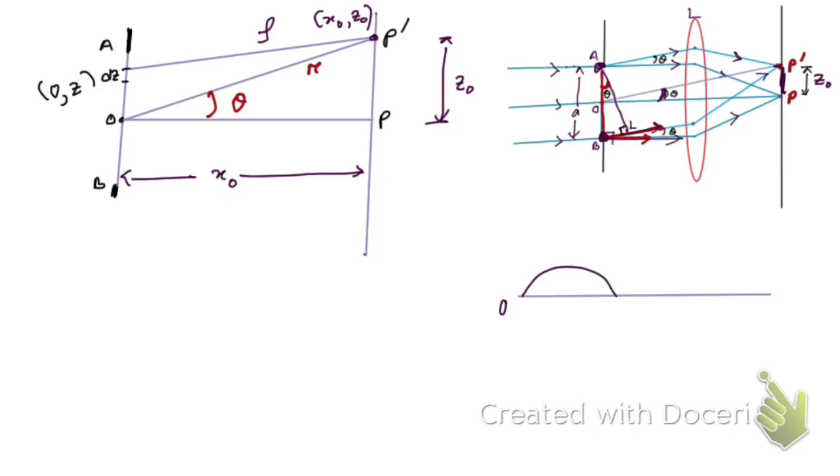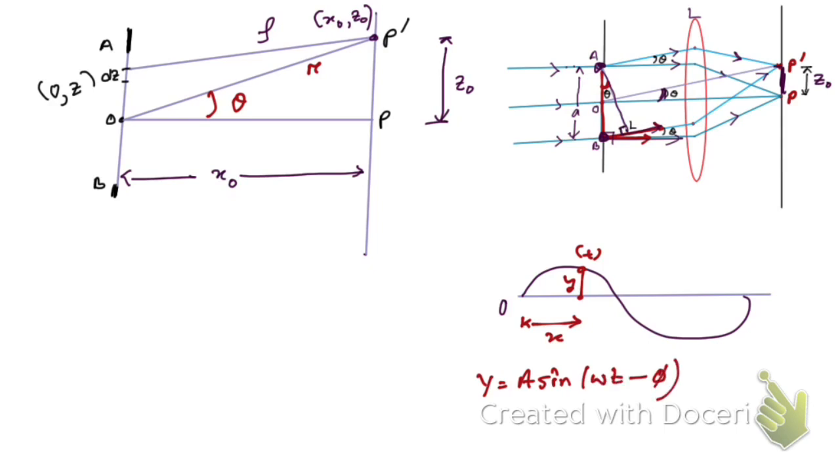This is the origin O. In this case we know that the displacement of a particle at a position x, and its displacement y at time t, is given by this equation: y is equal to a sine of omega t minus phi, where phi is the phase difference, omega is the angular frequency and a is the amplitude. You know these things. Now here we have considered this small portion.